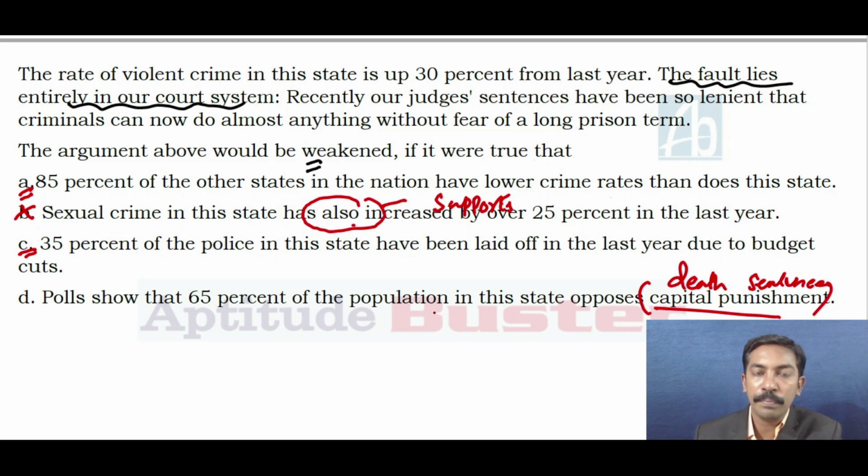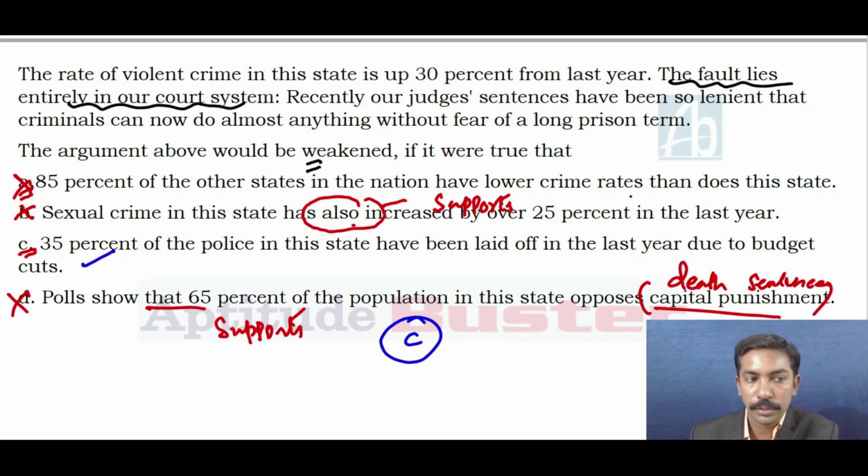If the majority of the population oppose the death sentence, then that explains why judges are lenient. So D supports the argument, hence D can also be eliminated. C weakens the argument. Therefore, option C is the right choice.